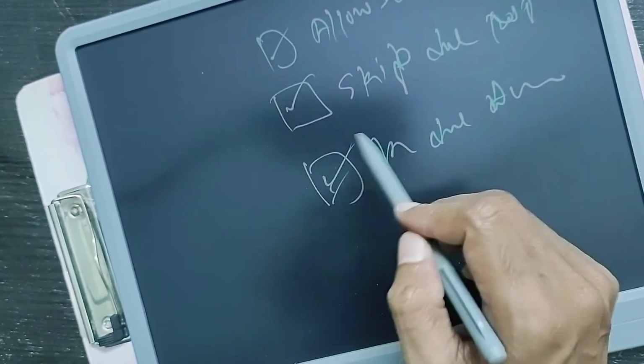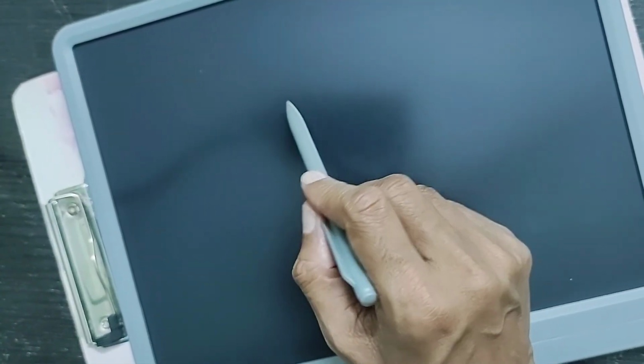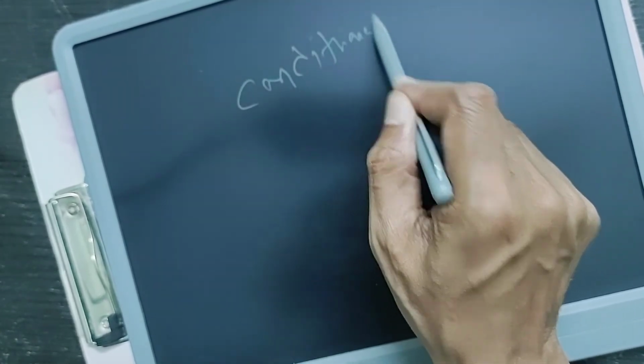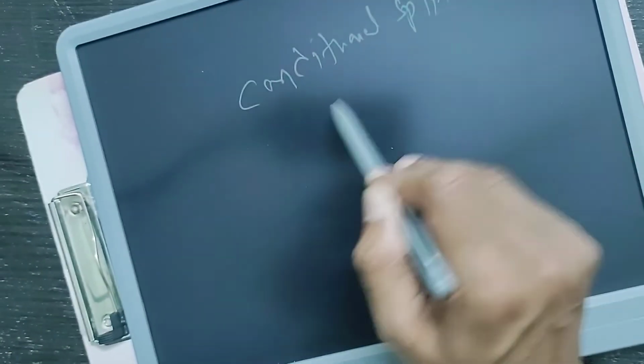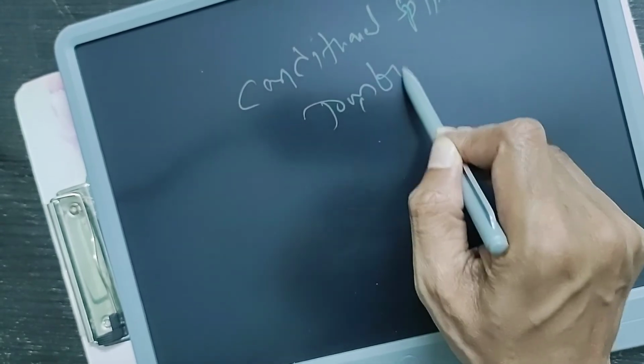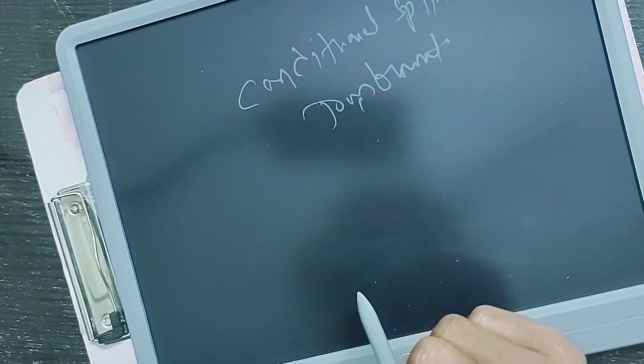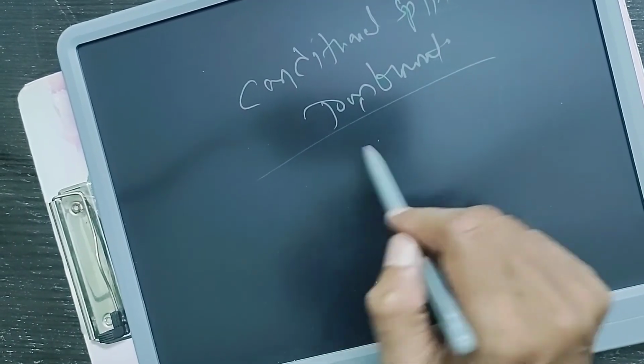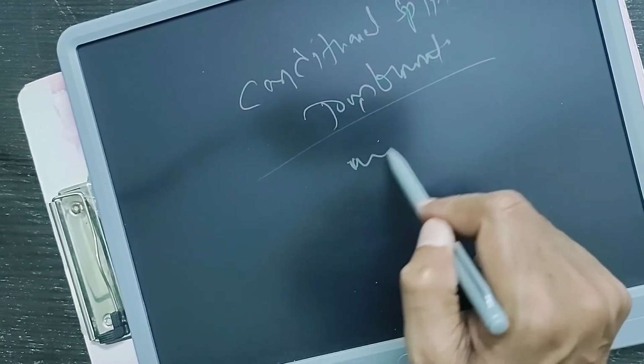So these are the options you will have. And in data flow you can do a conditional split transformation.